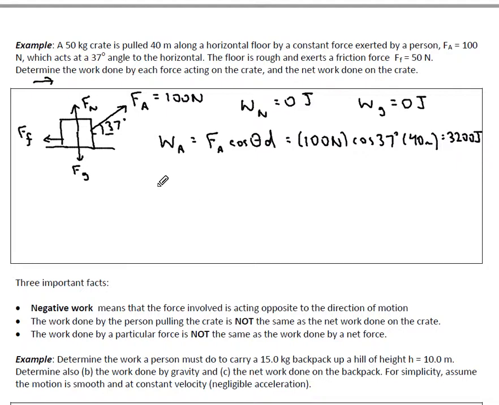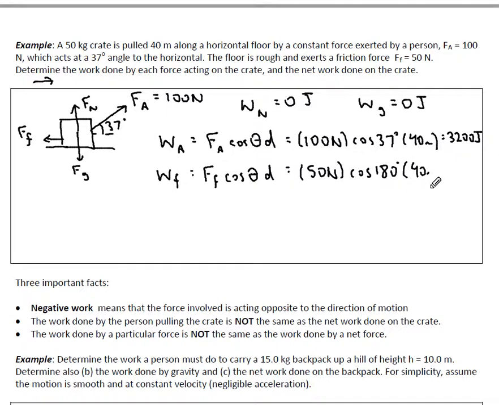If we look at friction, force of friction times cosine of the angle times d. Doesn't matter if we put an angle before and after the d. Friction is 50 newtons, and it's actually acting at cos 180. You can just go ahead and put that negative in, but that's where that negative is coming from.